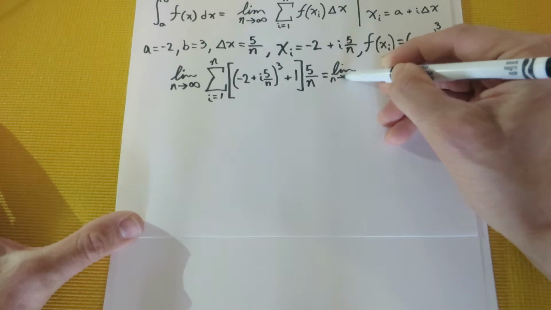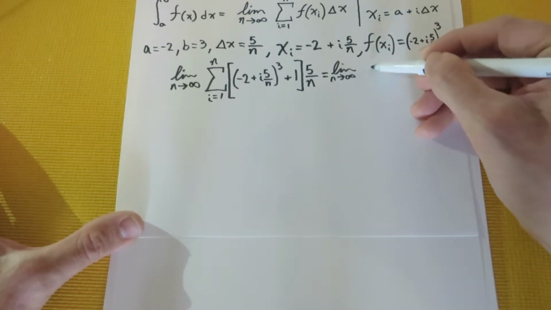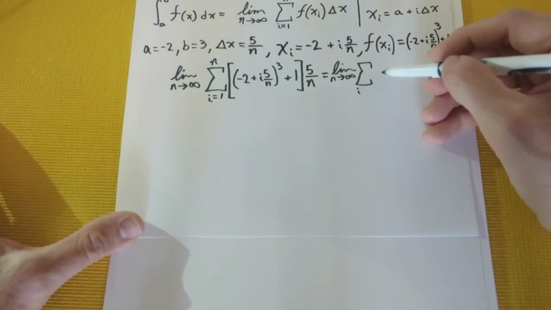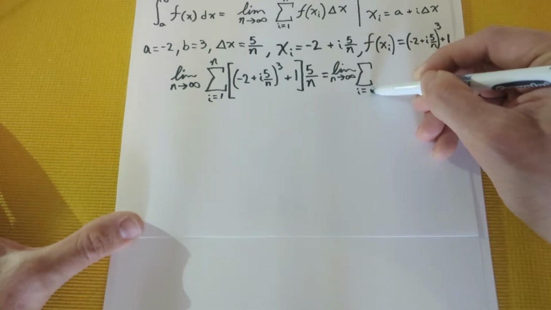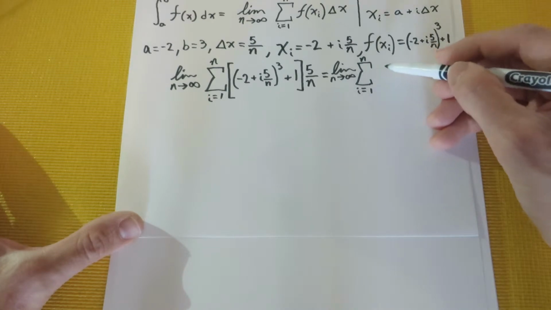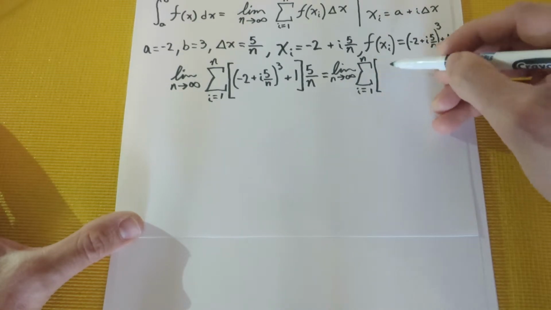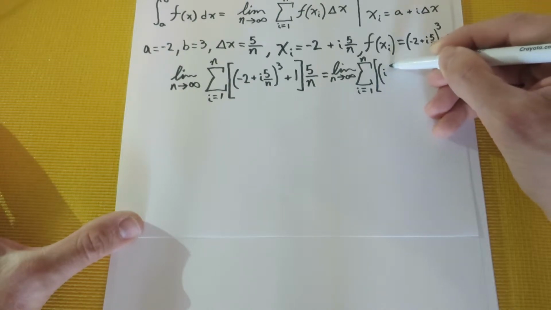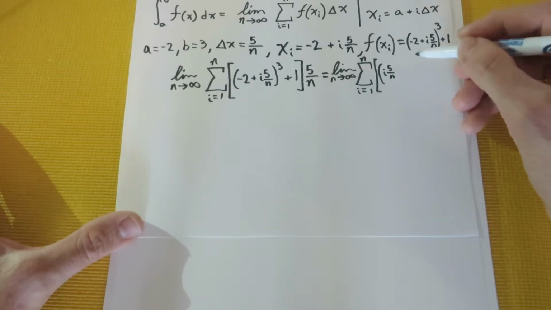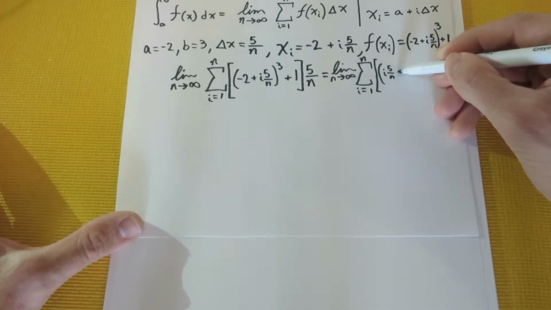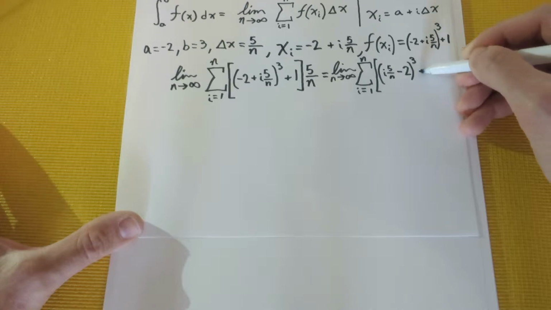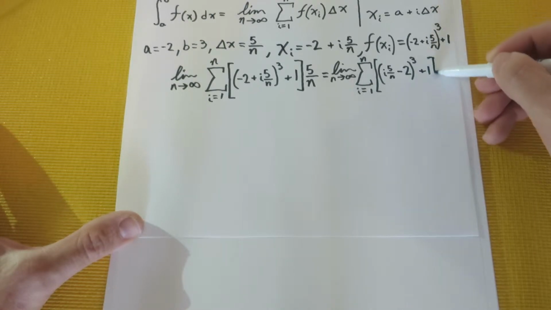Limit as n approaches infinity of, try to write a little smaller to save some room here, the summation from i equals 1 to n, brackets, of i times 5 over n, minus 2 there, cubed, plus 1, close the brackets, multiply everything by 5 over n.